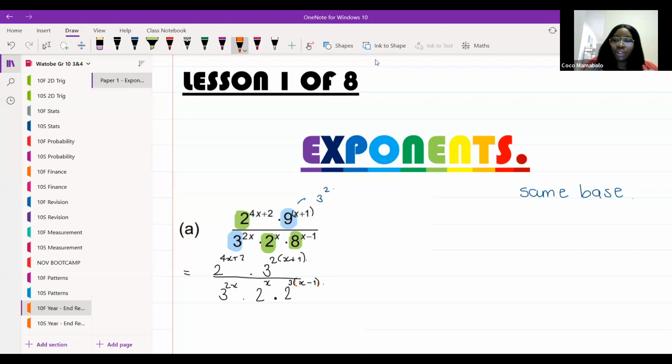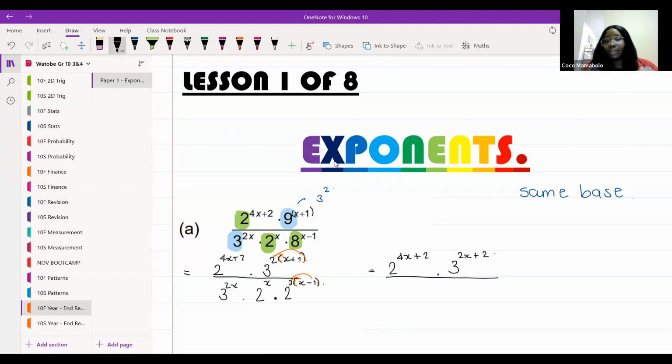So we're going to take these brackets, multiply those 2 over here, multiply these 2, and then we're going to find a new answer. Okay, I'm going to rewrite it now. I've got 2 to the power of 4x plus 2. I like the word distribution, and yes, it's the correct term. Multiplied by 3 to the power of, now I'm going to get 2x plus 2.